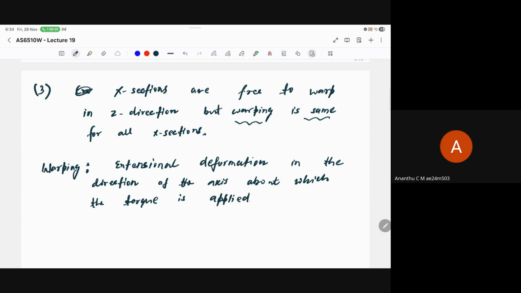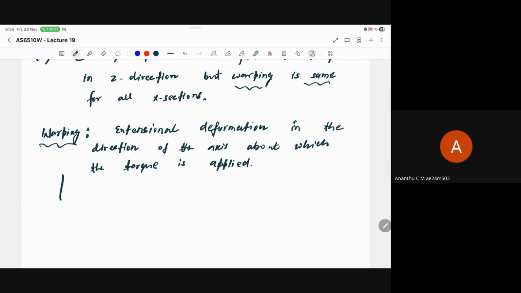So we are applying the torque with respect to z axis. Z axis is along the length of the shaft. In the z direction, you can have extensional deformation, and that is basically your warping. Extensional deformation of a point in a particular cross section.